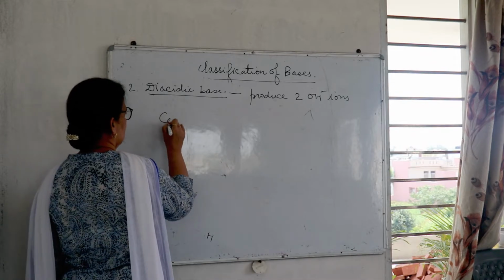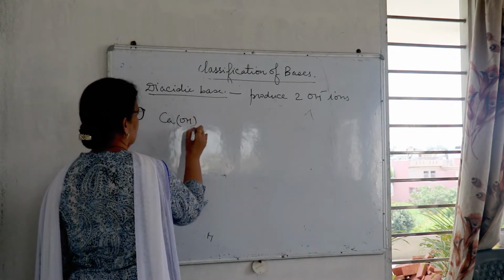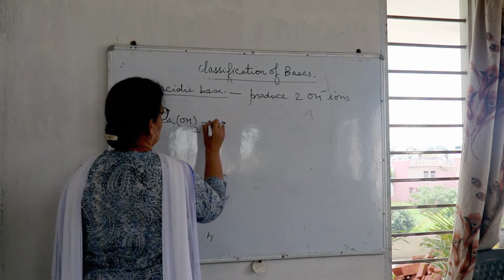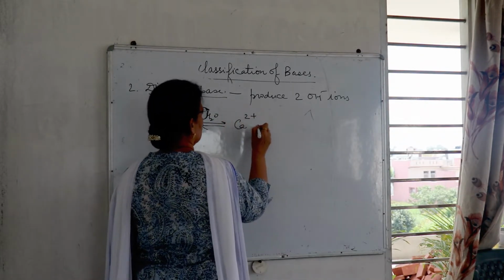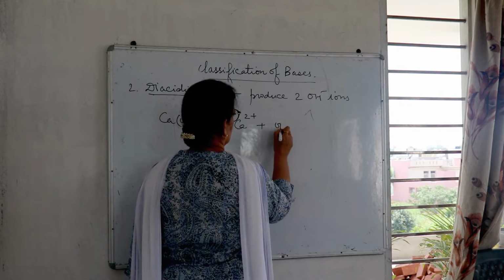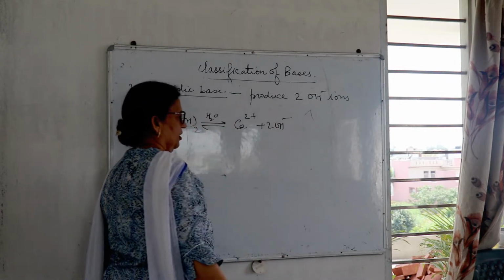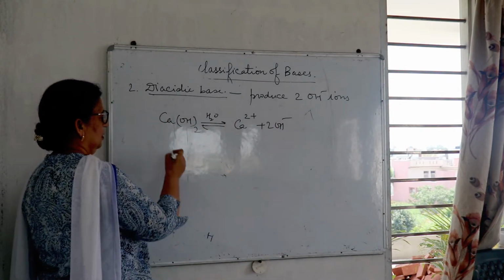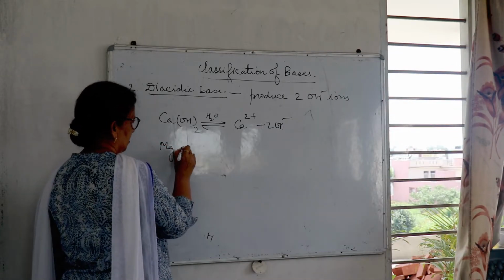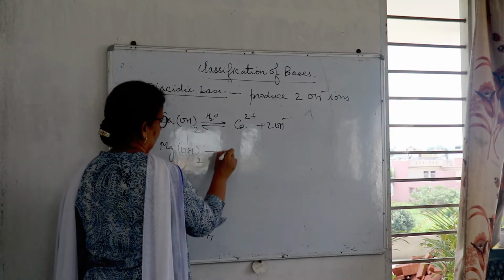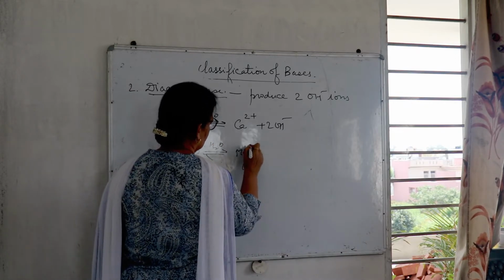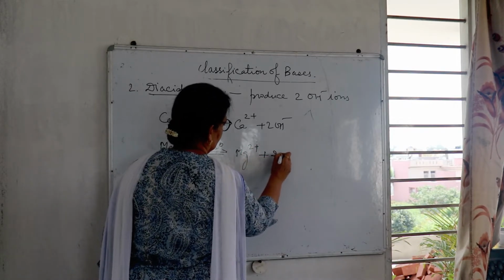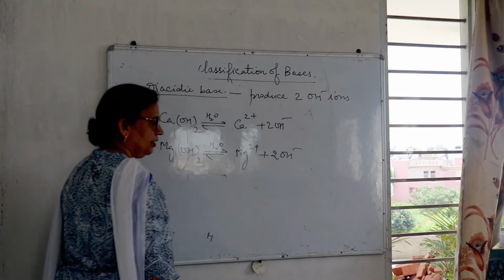For example, Ca(OH)2 when dissolved in water gives Ca2+ plus 2OH-. Mg(OH)2 when dissolved in water gives Mg2+ plus 2OH-.